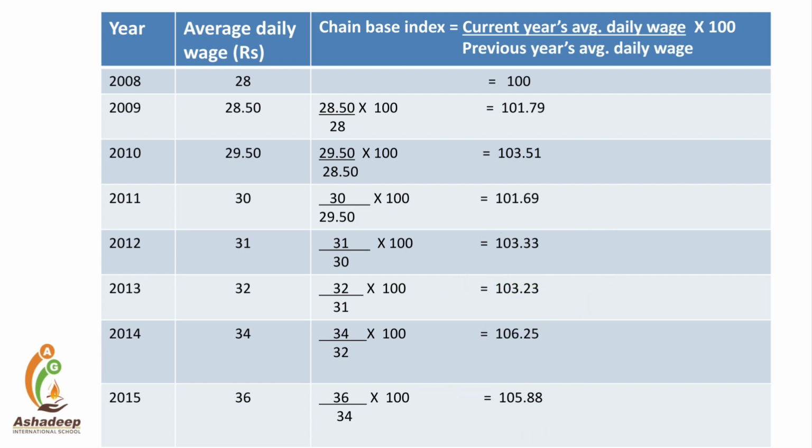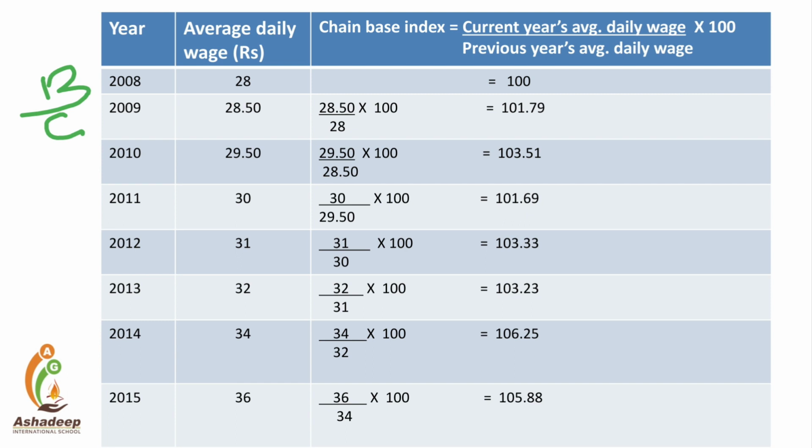For 2009, that is, the first year, the index number is fine, that is 100. Now we understand why that 100 is given. For 2009, how can we find the index number? Whenever we have to find the index number for 2009, 2009 becomes the current year, and its preceding year becomes our base year, that is 2008.